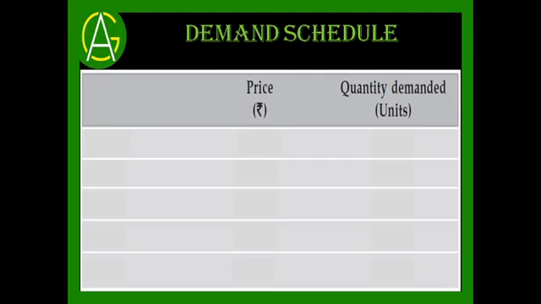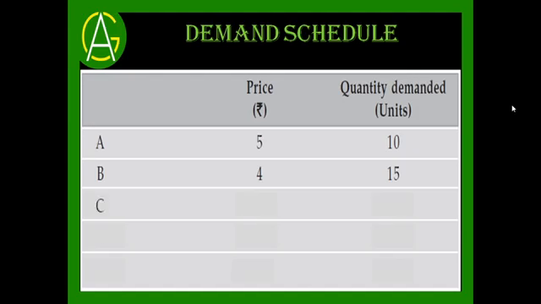Now in a demand schedule, this is price of the commodity and this is quantity demanded. Now we can say that at point A, when price of a product was 5 rupees, demand was 10 units. But when the price of product was reduced and it became 4 rupees, the quantity demanded increased to 15 units.